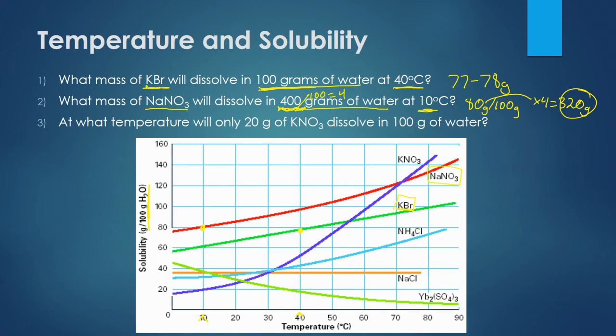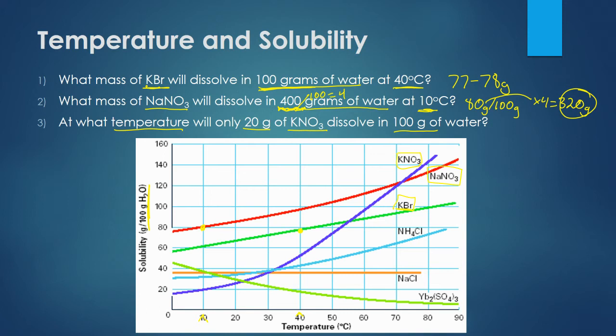The next question asks us to do kind of the reverse. It asks us to find the temperature at which only 20 grams of KNO3 will dissolve in 100 grams of water. So now we're looking for KNO3. That is this blue curve. But we're not given a temperature this time.